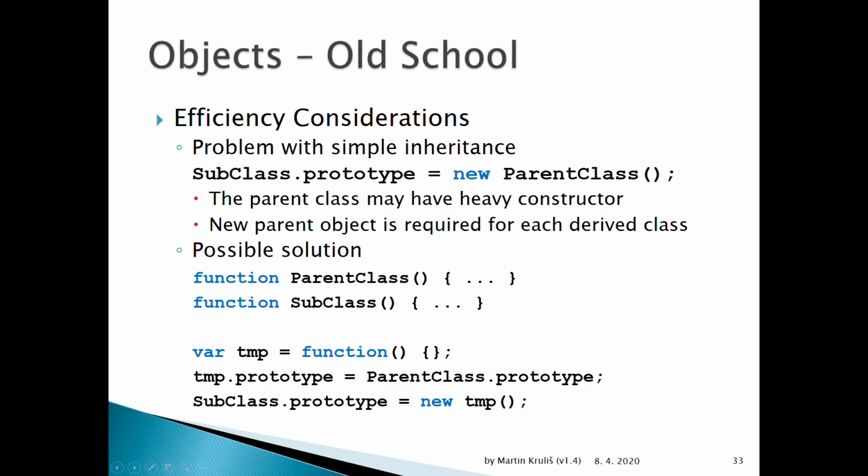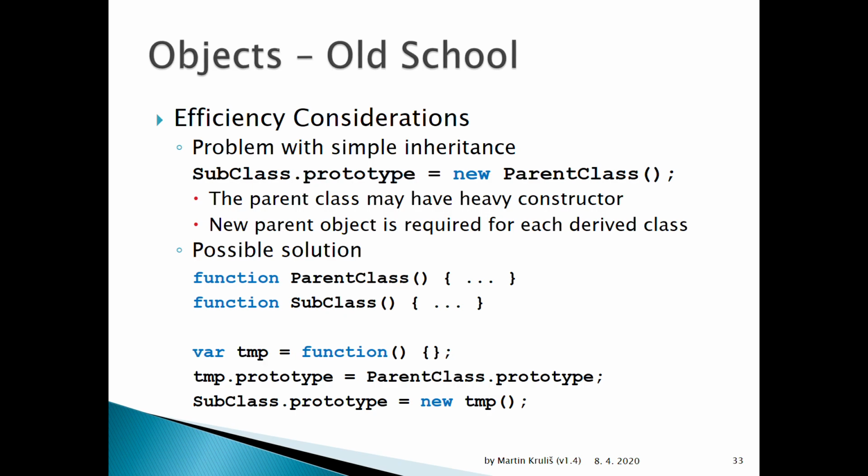There is a possible solution. We can use a side class, a specific temporary constructor, which shares the same prototype with the parent class. So we basically create a constructor which simulates the parent class, but the constructor itself is empty. It adds no additional things to the newly created objects.